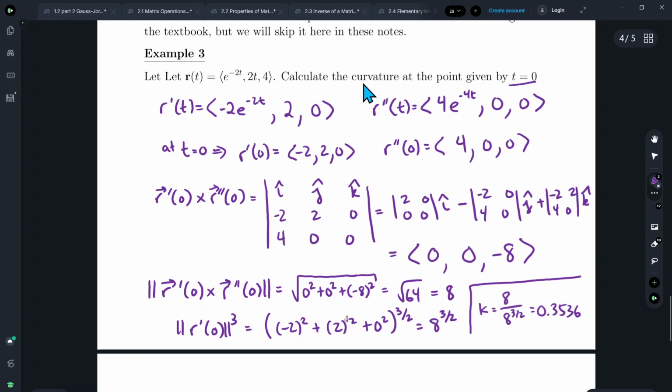If the problem were different and you were asked to calculate the curvature for the entire curve, then all the calculations here would typically involve the variable t, right? So you have to do the calculation leaving it in terms of the functions. Okay, so in any case, that's how we calculate the curvature.